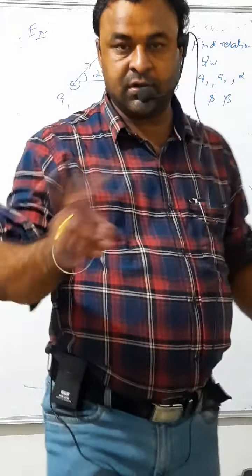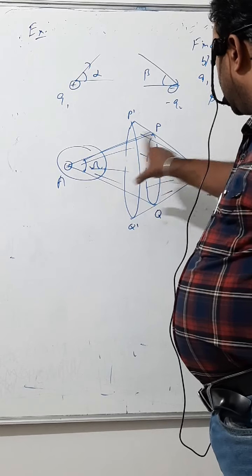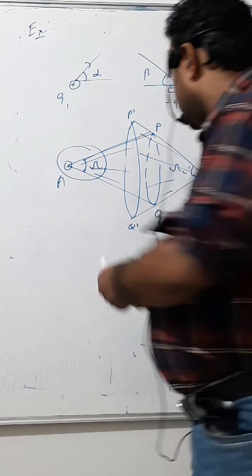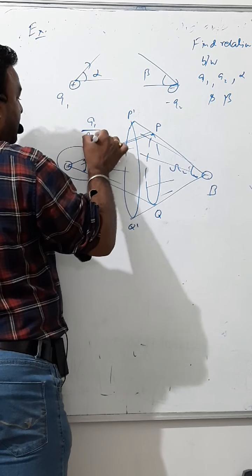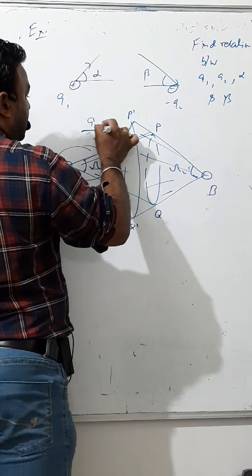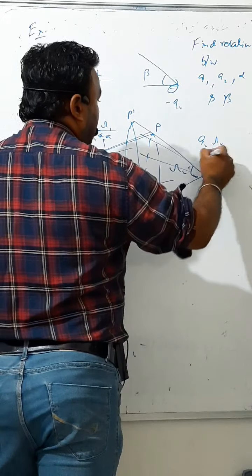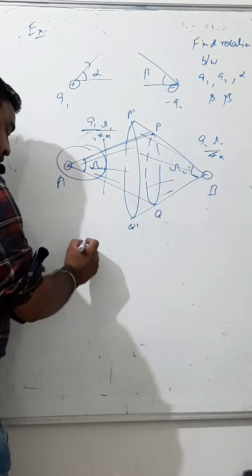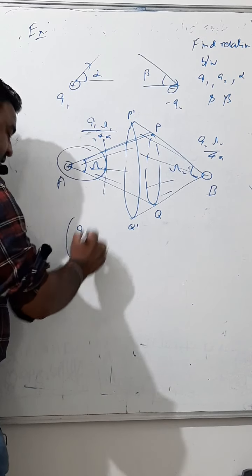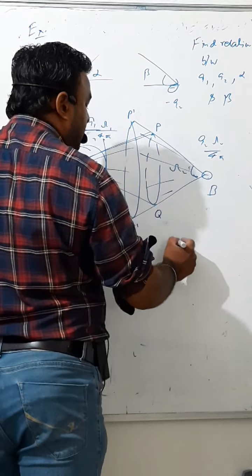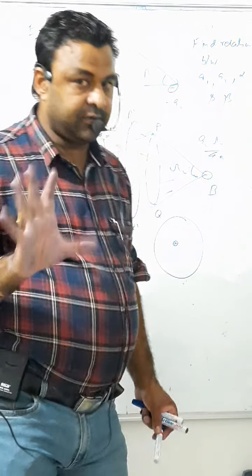If these two are the same, only then there is a possibility that this flux is Q1 sigma 1 upon 4 pi, and here Q2 sigma 2 upon 4 pi. I hope you know that the total flux through any charge is Q by epsilon naught.